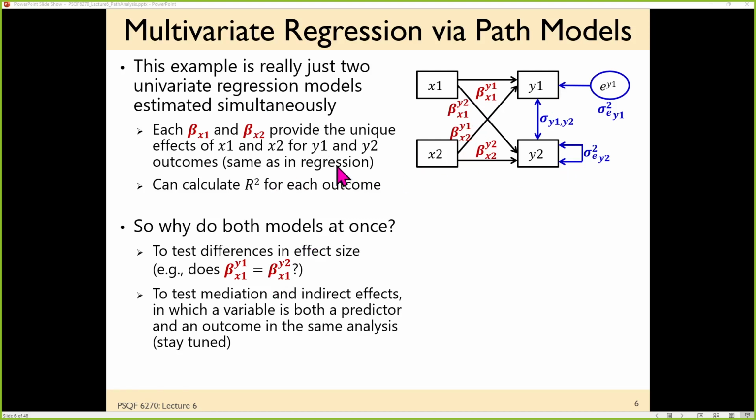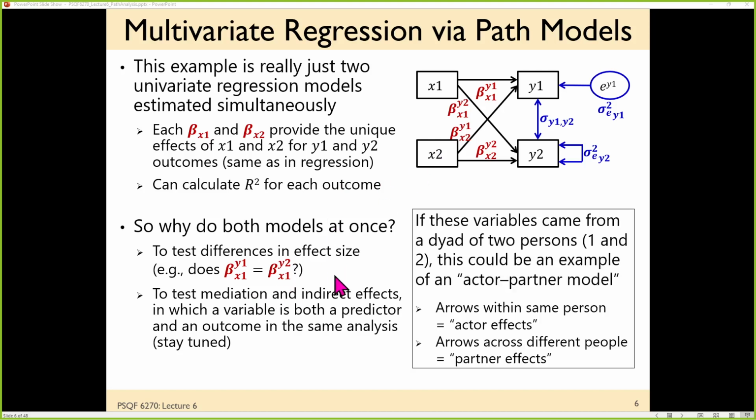Why would we do it this way? One reason is to test differences in effect size. Another would be in the context of what I've referred to as actor-partner models. So for dyadic data, for instance, we might have person 1 and person 2, and the paths going from x1 to y1 or x2 to y2 in that context would be called actor paths, and these cross paths would be called partner effects.